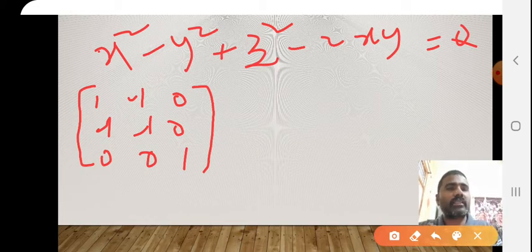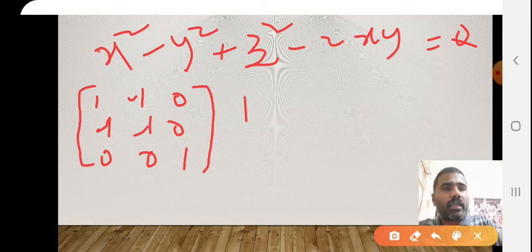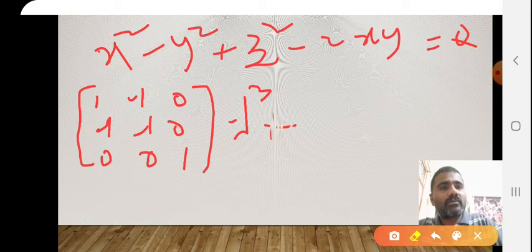What is the characteristic equation of this one? We can find the eigenvalues now. The eigenvalues are given by determinant of A minus lambda equals 0. By taking the determinant of A minus lambda, we have minus lambda cube plus trace of A, which is 1, times lambda square.